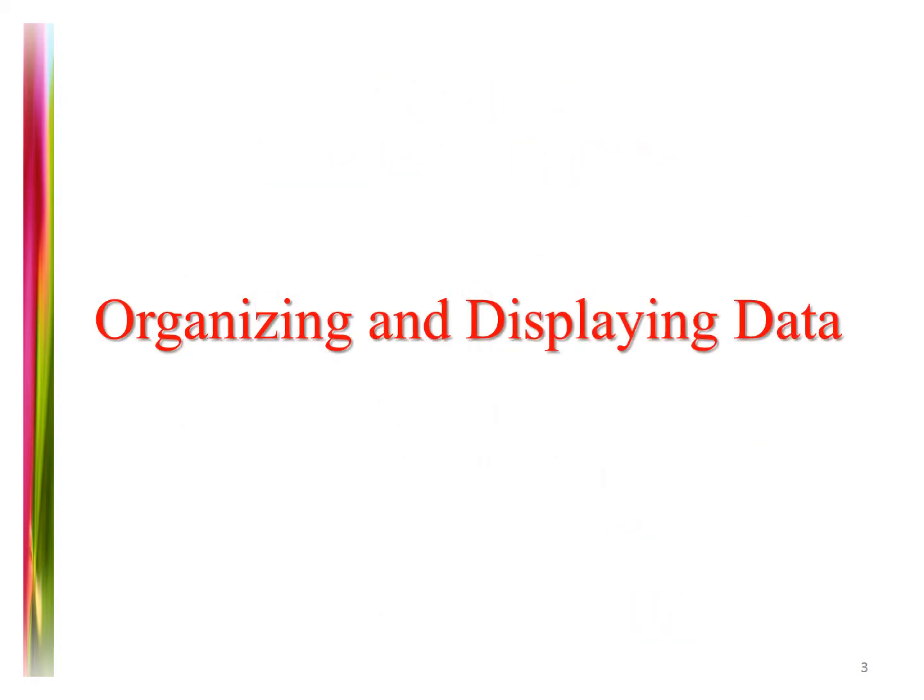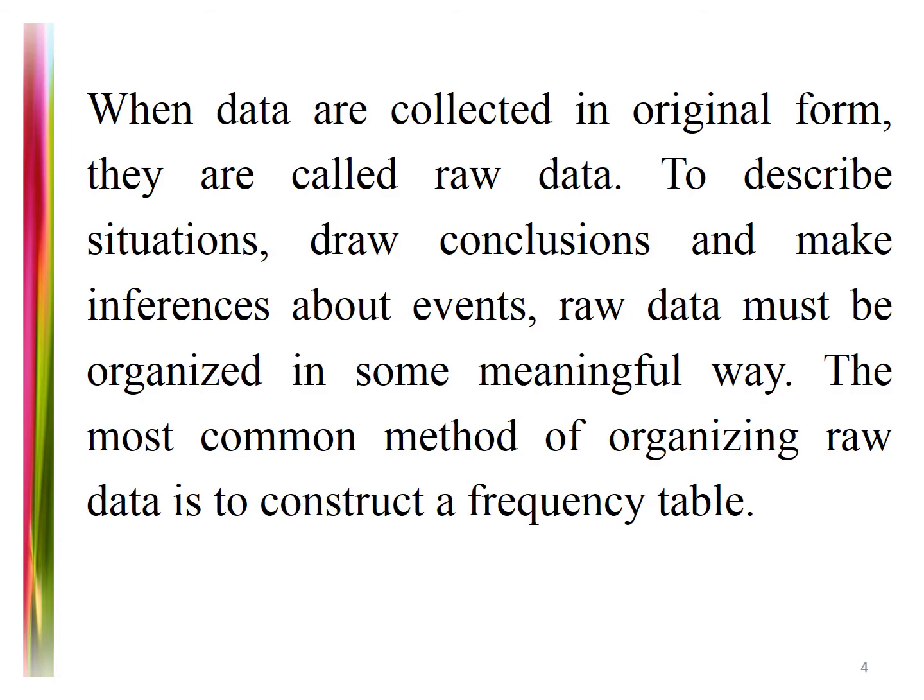First we are going to discuss organizing and displaying the data. When the data are collected in original form, they are called raw data, meaning the initially collected data. To describe the situation, draw conclusions and make inferences about events, raw data must be organized in some meaningful way.